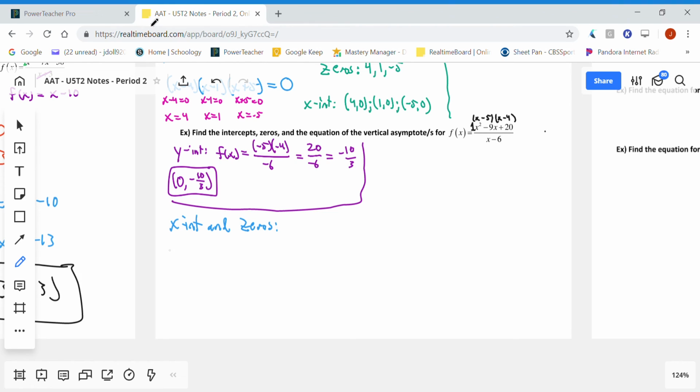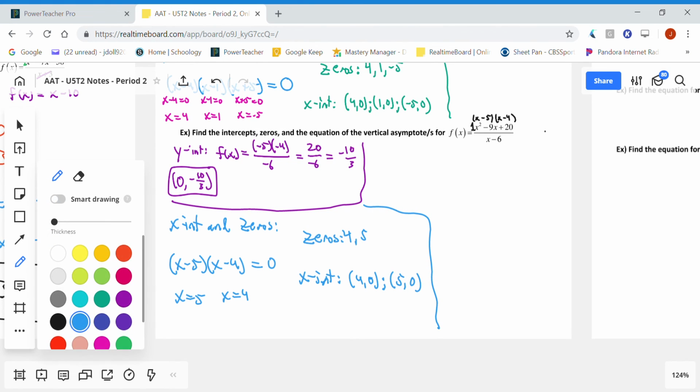Let's talk about our x-intercepts and zeros again. We're going to take the numerator and set it equal to 0. So x minus 5 times x minus 4 equals 0. I'll get x equals 5 and x equals 4. So my zeros are 4 and 5, and my x-intercepts are 4, 0 and 5, 0.